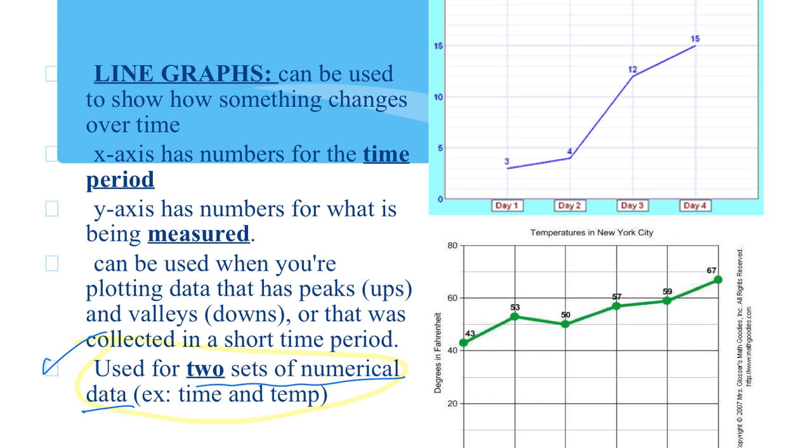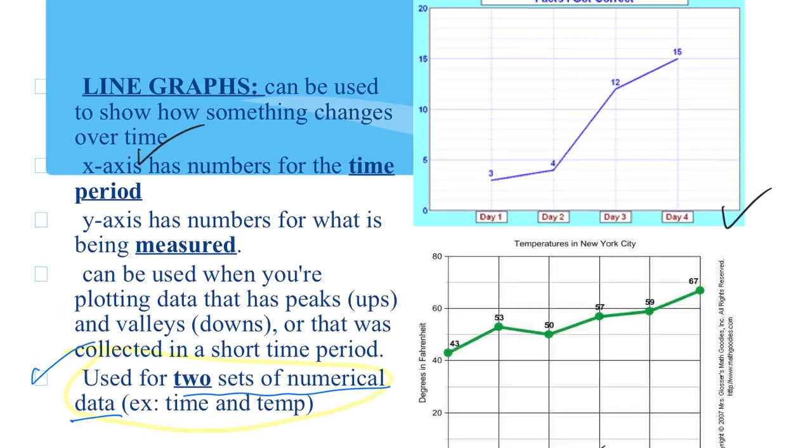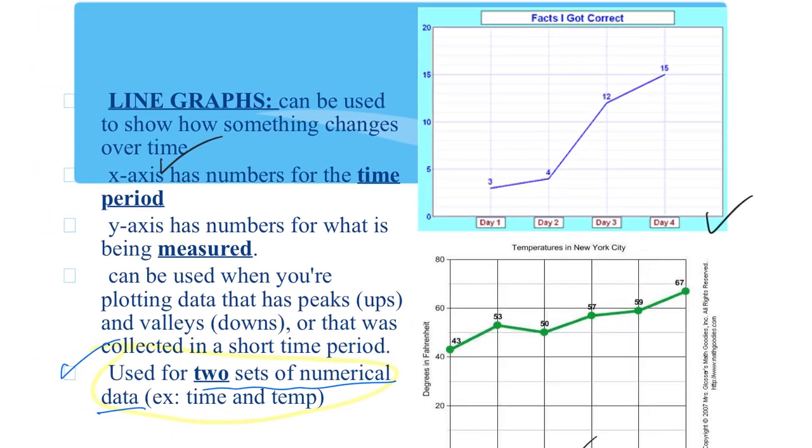Okay, so very much like bar graphs, we have line graphs. And the x-axis will always be for the time period. So you can see the x-axis here with days, and the x-axis down there for days as well. The y-axis is numerical too. It's some other thing that you're measuring besides time.